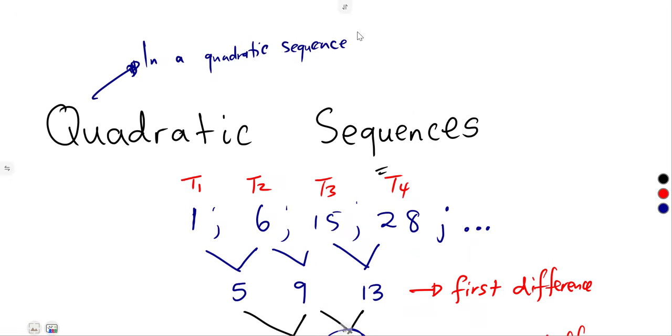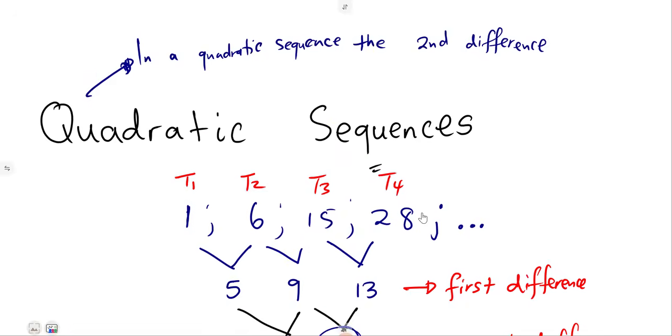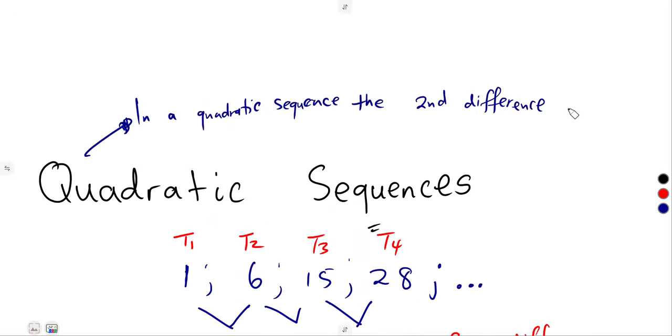In a quadratic sequence, the second difference, the one that we saw here, is what is common or constant.